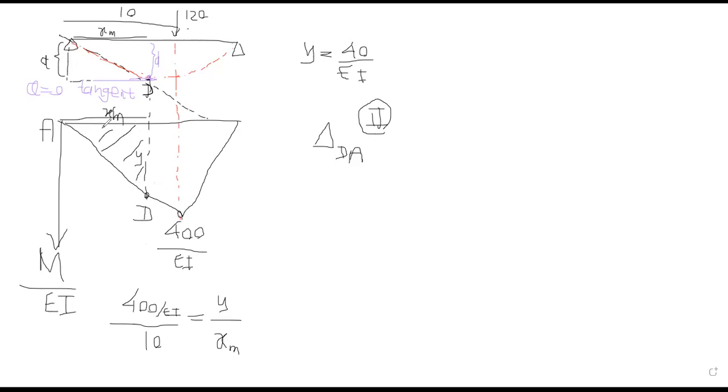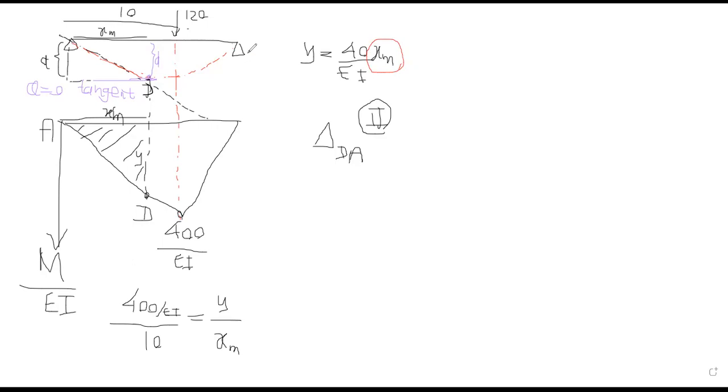To find this area, you need to know what? So here XM is there, right? You need to find XM. So how to find XM? You can find XM.